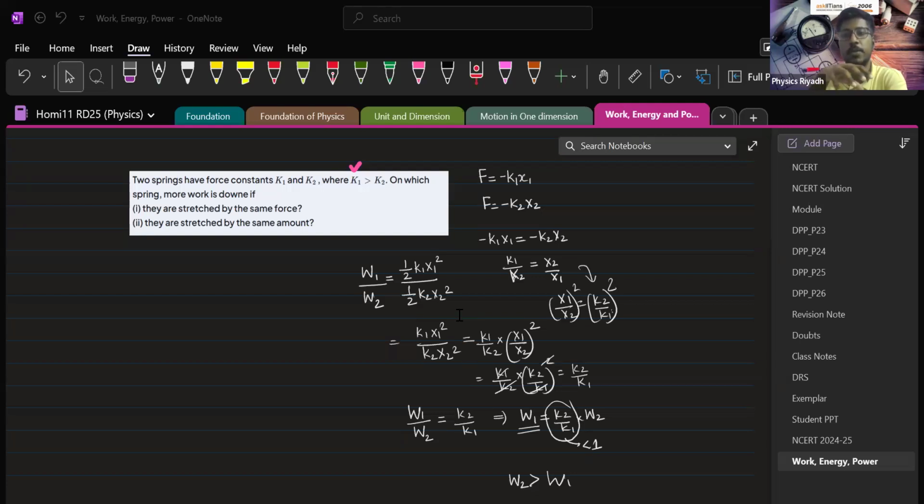K2 is not as stiff, so more work can be done on it if both the forces are the same. So K1 is more stiff, and the displacement is very less there. The work done will be more in the second case because it is more free. Okay, so try the second one, if they're stretched by the same amount.